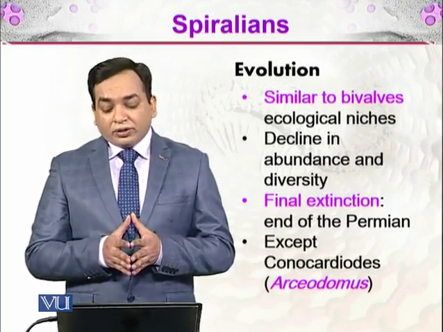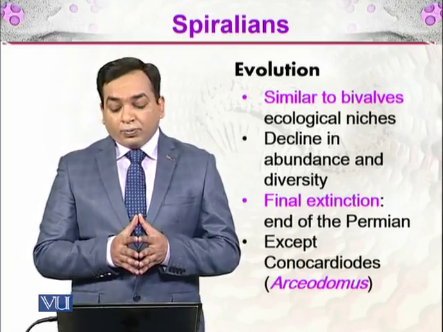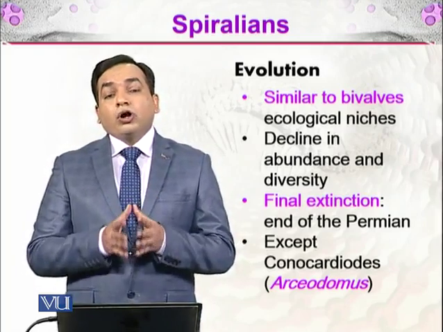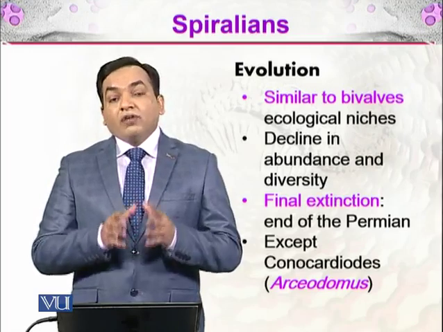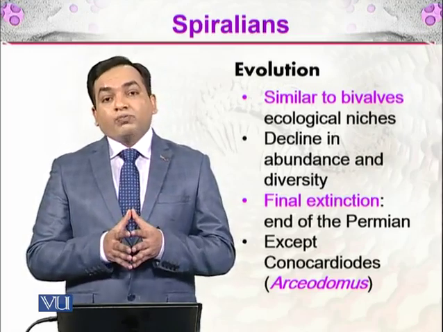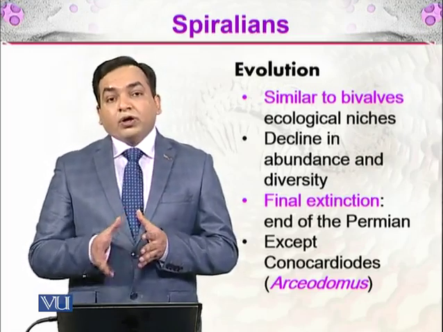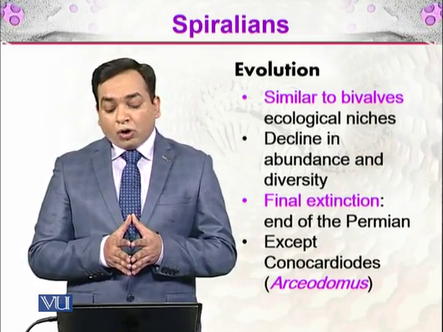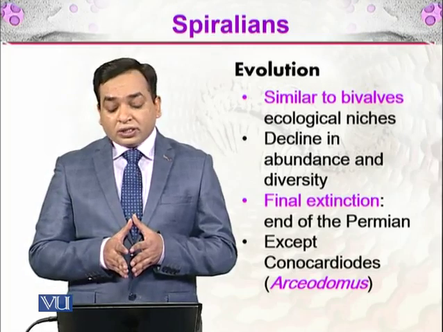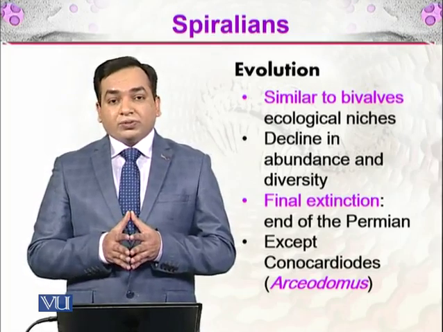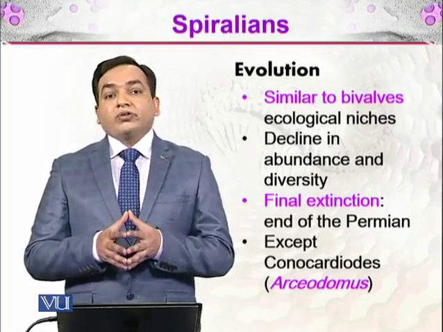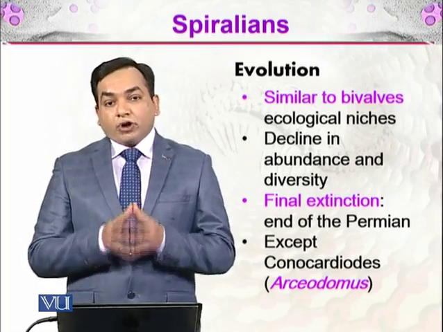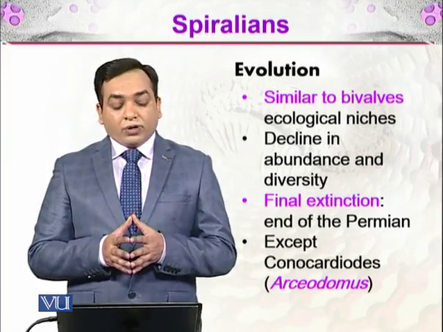Even then, there was a group of Conocardioids. Conocardioids are the organisms which survived until the end of the Permian, and one of the characteristic organisms of those Conocardioids is Archaeodomus. So Archaeodomus was the characteristic organism that had been found in the fossil strata even up to the end of the Permian.